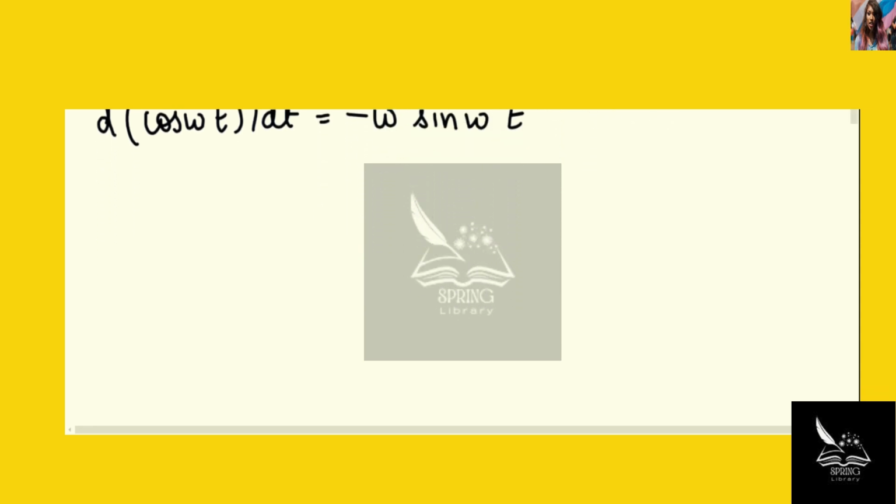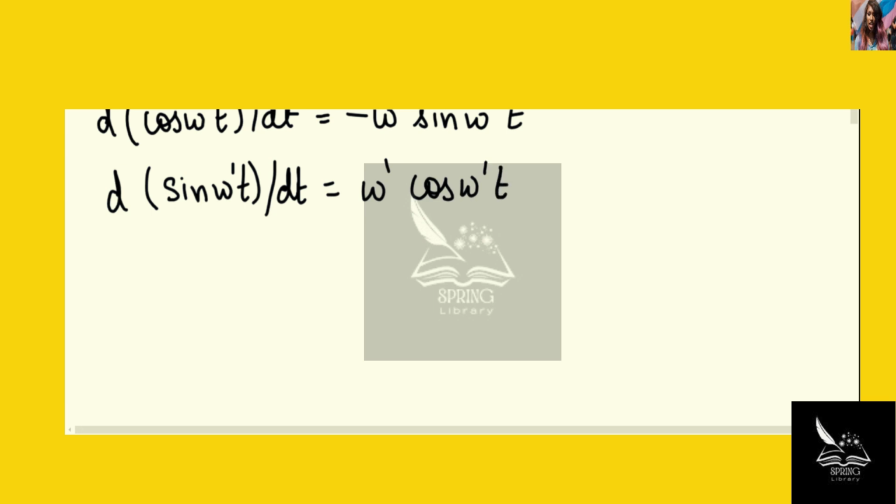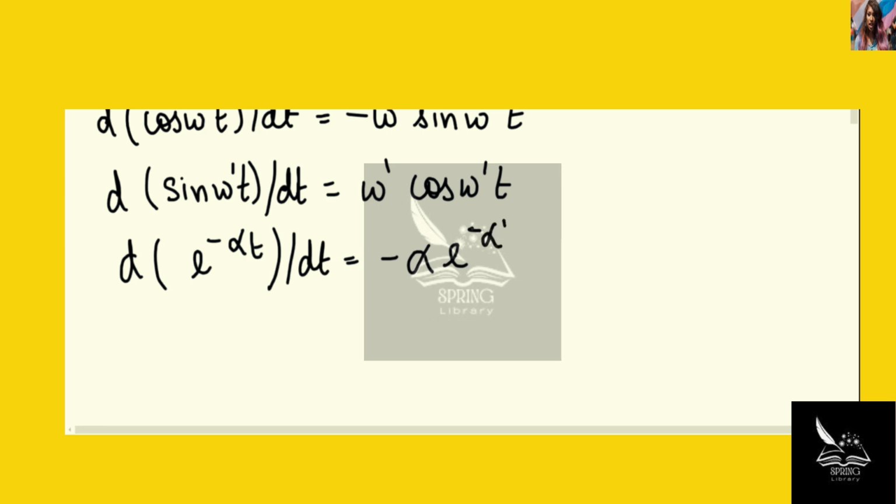The next one is d of sine omega dash t upon dt, that is equal to omega dash cos omega dash t. The next one we have to find is d of e raised to minus alpha t upon dt, which equals minus alpha e raised to minus alpha t. So these are the three derivatives that we have found in the first step itself.